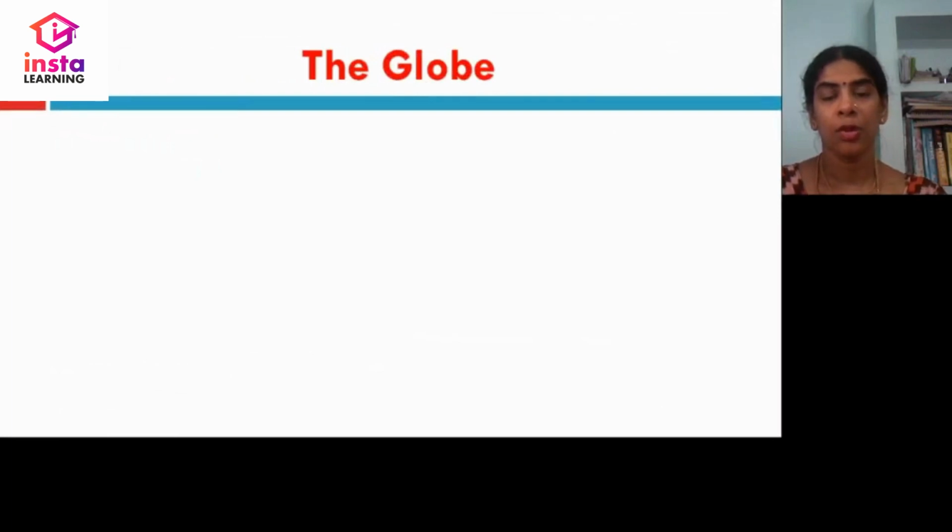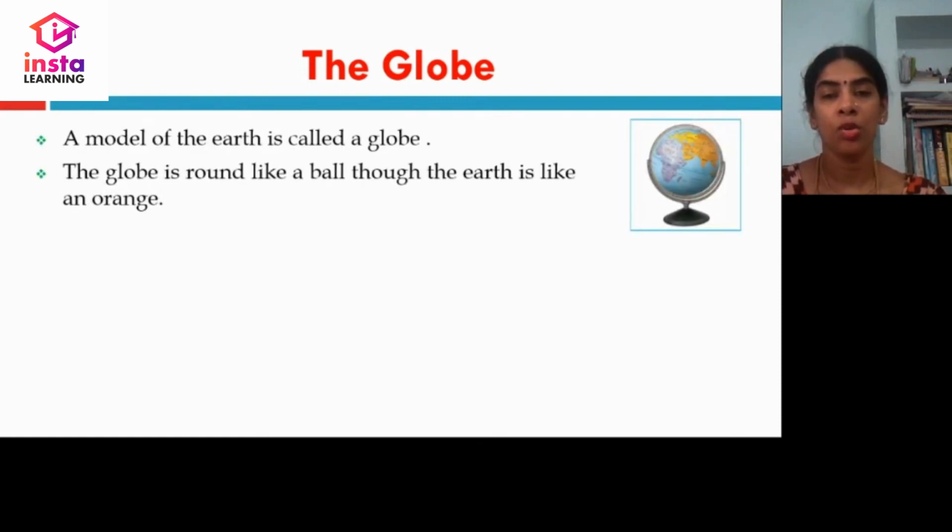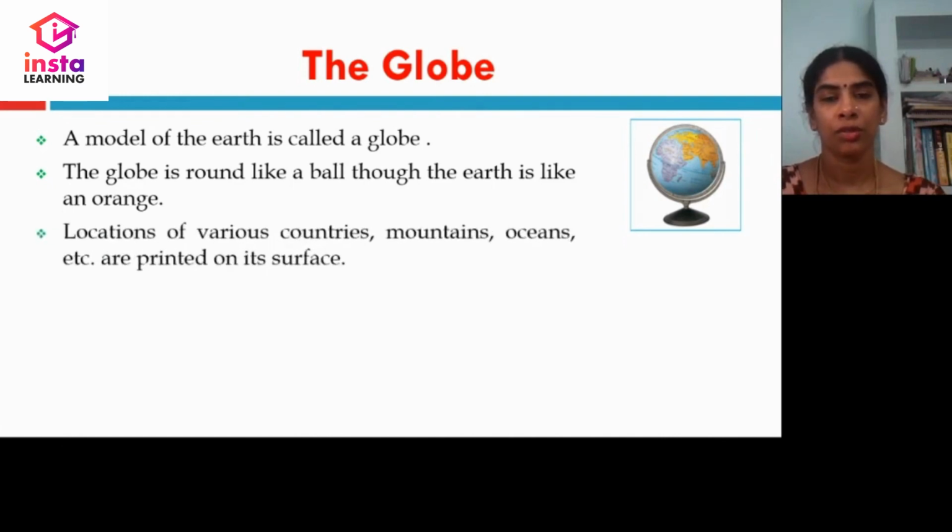Let us discuss the globe. A model of the Earth is called globe. The globe is round like a ball, though the Earth is like an orange. Locations of various countries, mountains, oceans, etc. are printed on its surface.